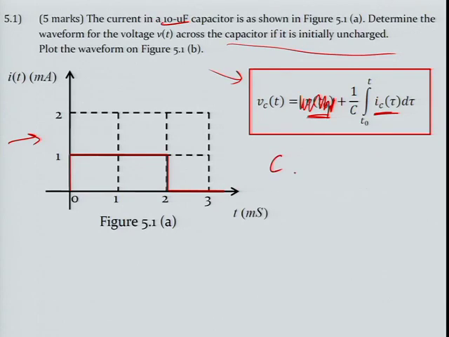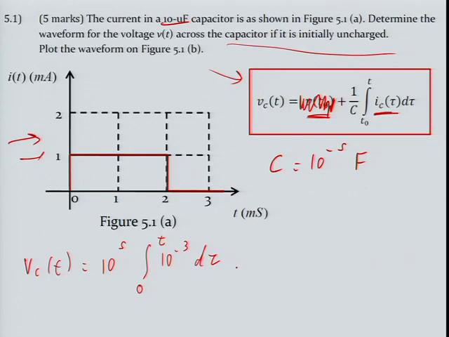So we've got C is 10 to the minus 5 farads, and we're given I. So plugging it in there, VC(t) must be 10 to the 5 times the integral from 0 to t of the current, which is a constant at 1 milliamp. So 10 to the minus 3 amps.